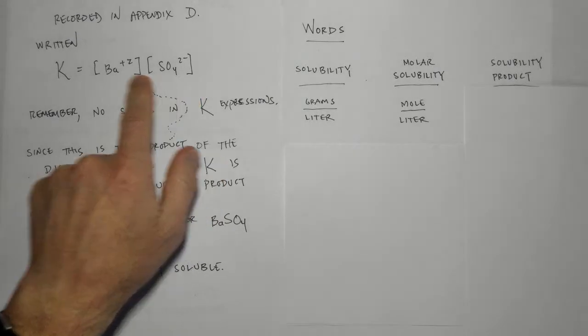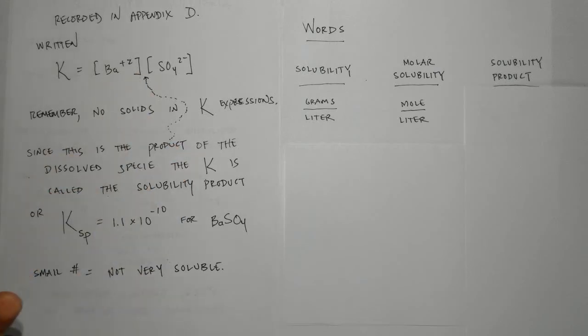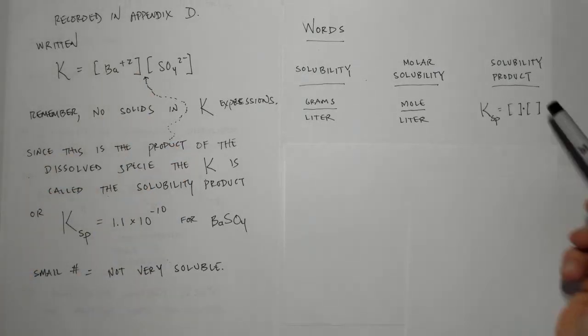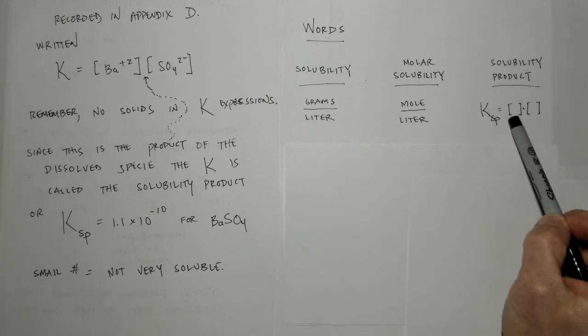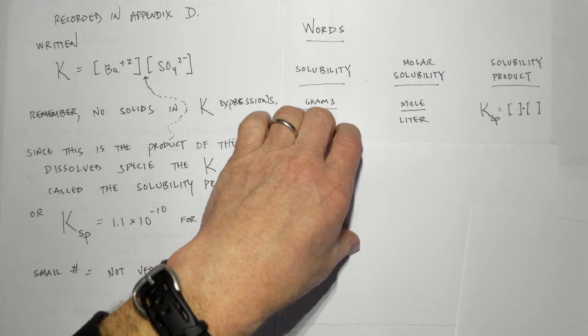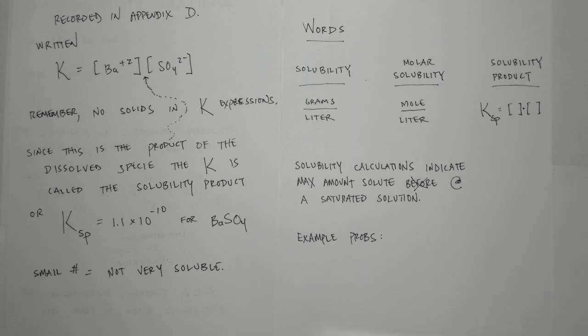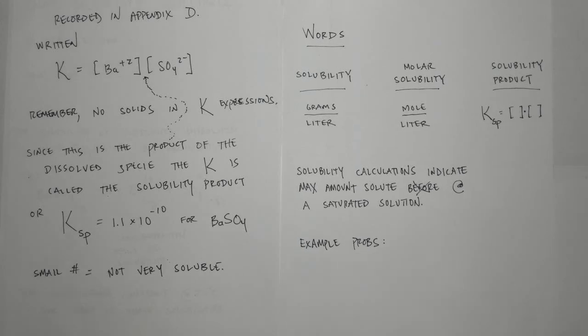These brackets represent the molar solubility of the barium ion from barium sulfate. The solubility product is the multiplication of the products' molarities raised to the power of their coefficients, so it's the equilibrium constant of the dissolving process. Solubility calculations indicate the maximum amount of solute in a saturated solution, right at the point of saturation when no more could be dissolved.